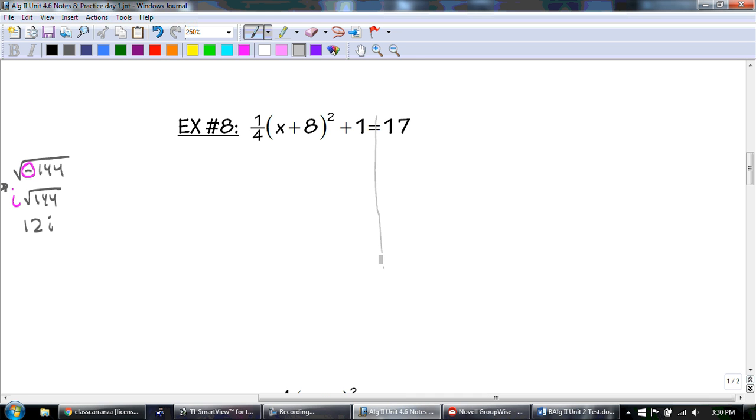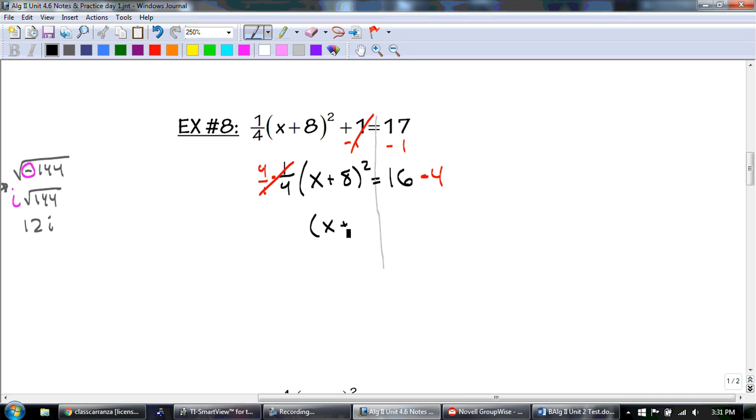All right, number 8. Remember, SADMEP, addition or subtraction first. You got to get rid of that 1. Okay, so we have 1/4 times (x + 8)² = 16. I have a fraction, and to get rid of a fraction, we multiply by the reciprocal. 4/1 is the same thing as 4.